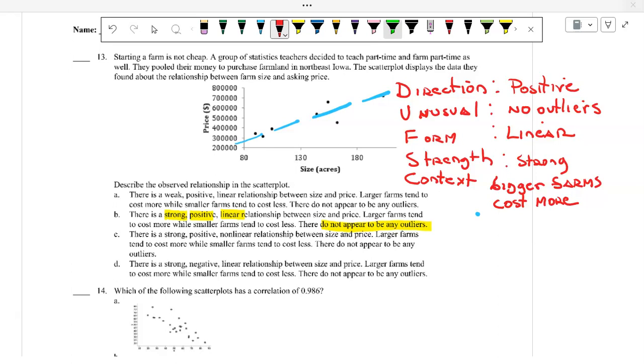The form, well, it's pretty obvious that's linear. Since those dots are fairly close to that imaginary line, it would be strong. And the context is farm size and cost. So bigger farms cost more. So the response that checks all of those boxes is B.